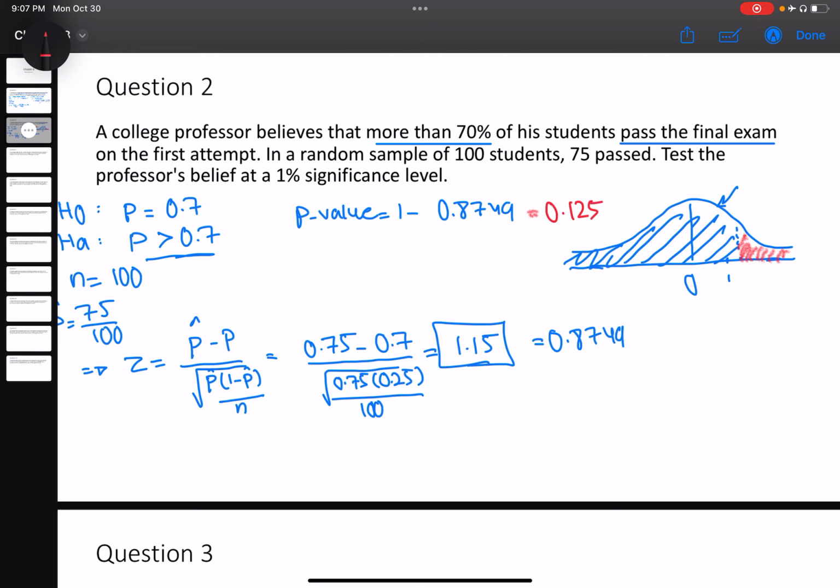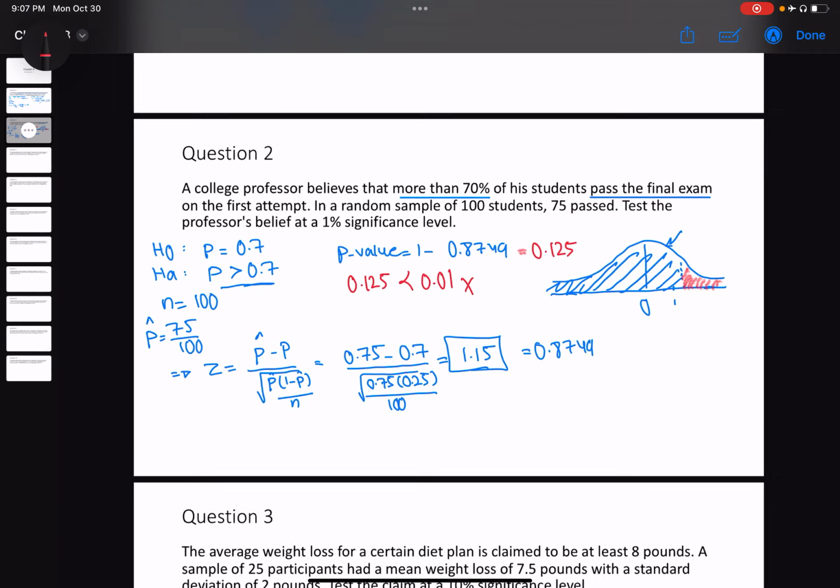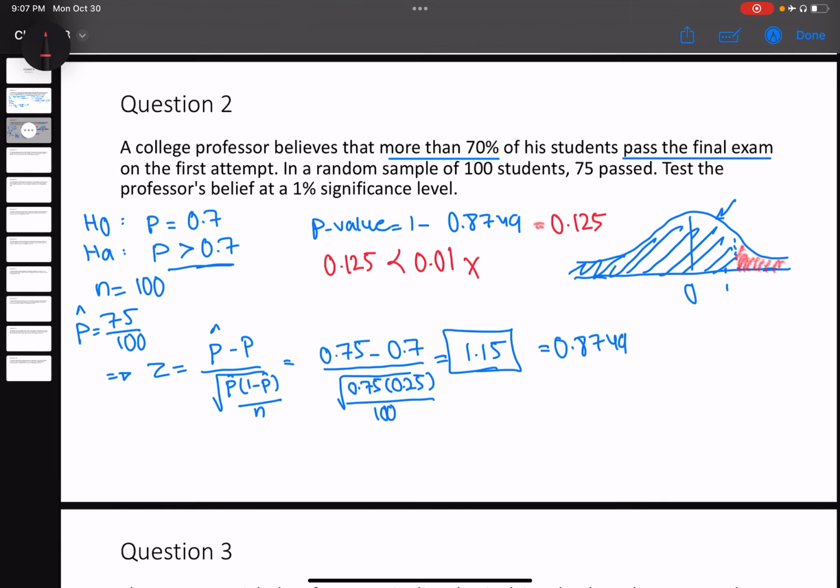Is this value less than the significance level of 1%? No. Therefore, we do not have significant evidence to reject the null hypothesis. Therefore, we fail to reject the null hypothesis.